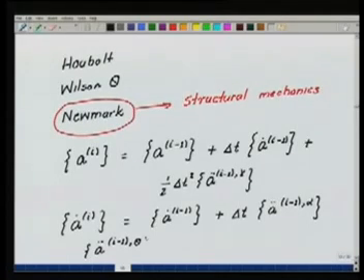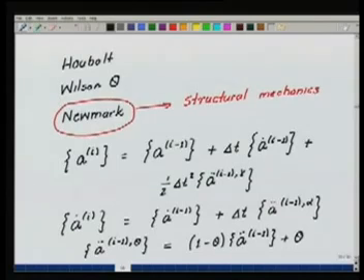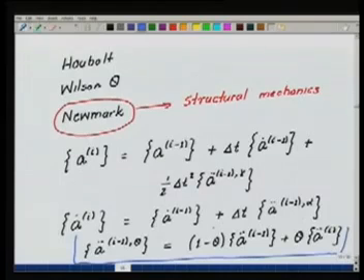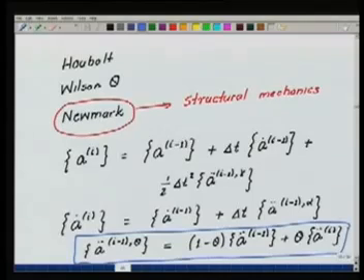comma theta, in a generic way, is equal to 1 minus theta into A double dot at station I minus 1 plus theta A double dot at station I. So we have this kind of interpolation for the acceleration, and you see that when it is used for the displacement term, I have a separate value of theta, and when I use the interpolation for the velocity, I use a separate value of theta.